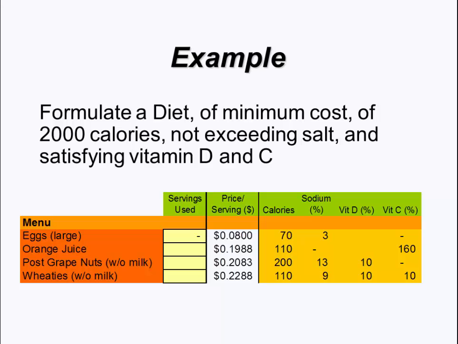What is that formula going to look like? 70x1 plus 110x2. So that is the value of the calories generated from our decision.